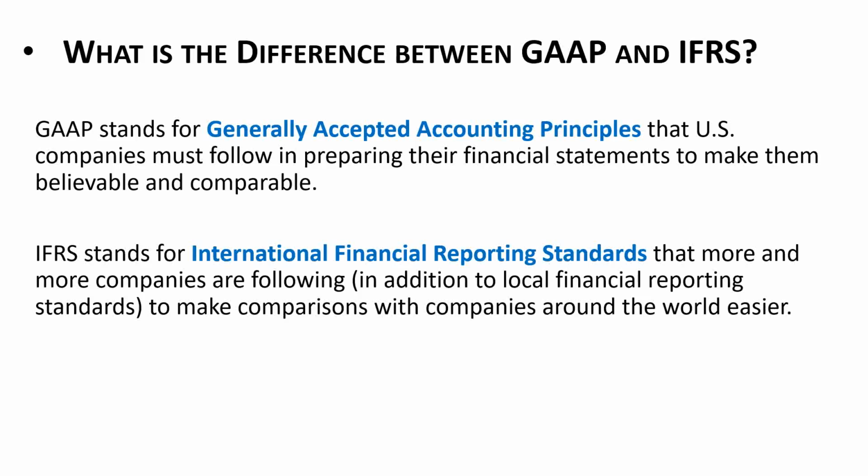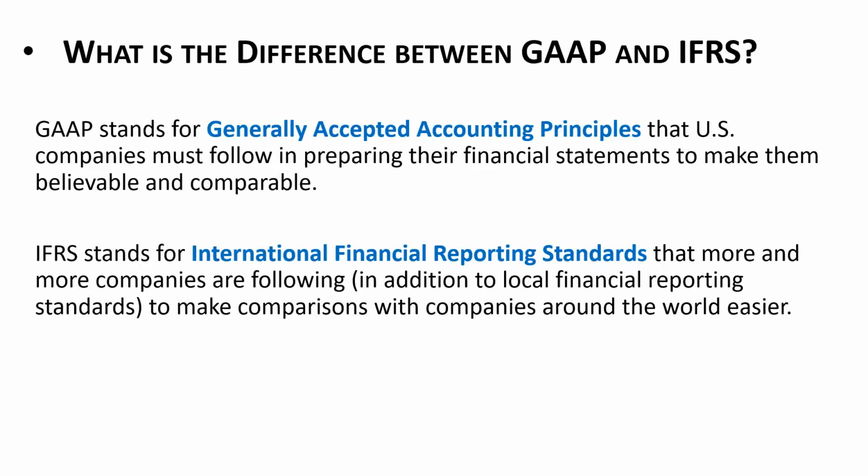Because otherwise, picture this: all the US companies follow GAAP, but there is a Malaysian company that is being traded on the New York Stock Exchange, but they are preparing things according to the Malaysian standards, and then again a US investor will get confused, or it's going to become difficult for him to compare. So that's why IFRS emerged.